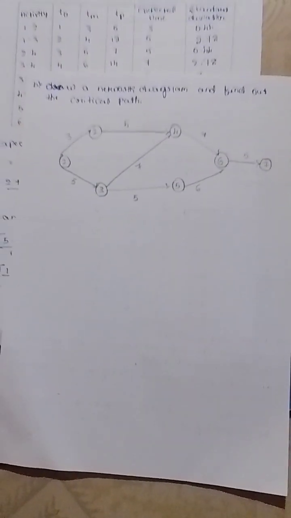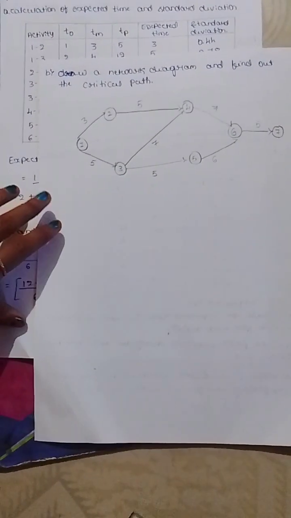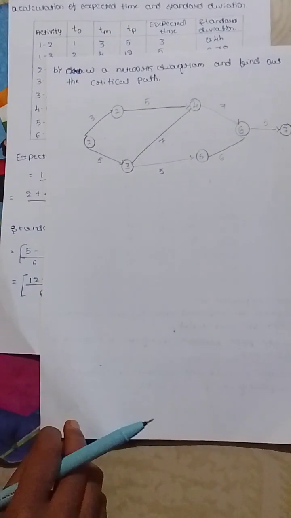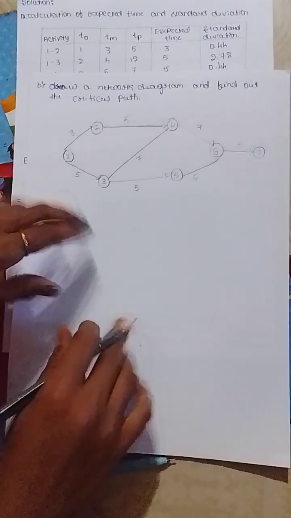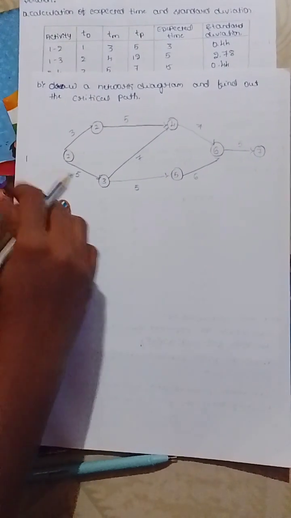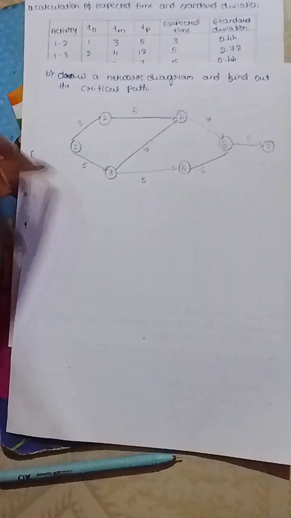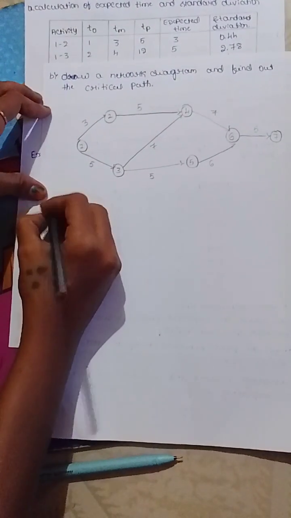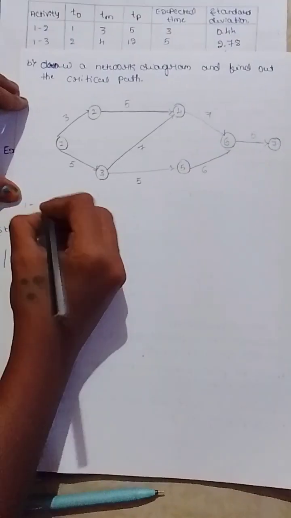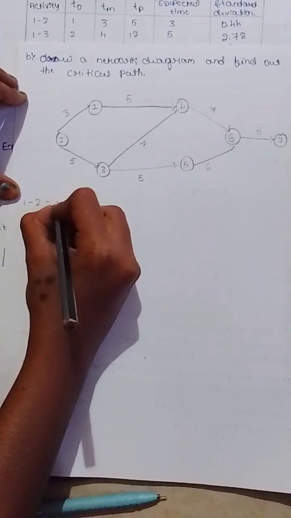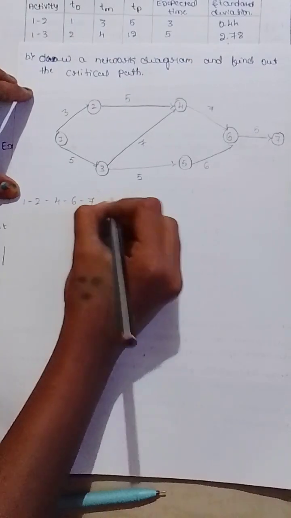Next, we find out the critical path. To reach the destination, we go with 3 routes. For example, 1 to 2, 2 to 4, 4 to 6, and 6 to 7.